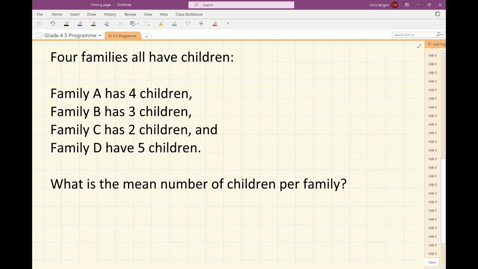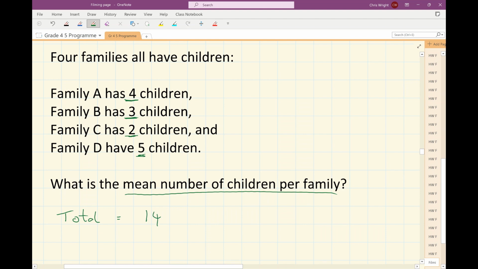4 families all have children. Family A has 4 children, family B has 3 children, family C has 2 children, and family D has 5 children. What is the mean number of children per family? Right, well, let's work out the total number of children. 4 plus 3 plus 2 plus 5, 14 children in total.